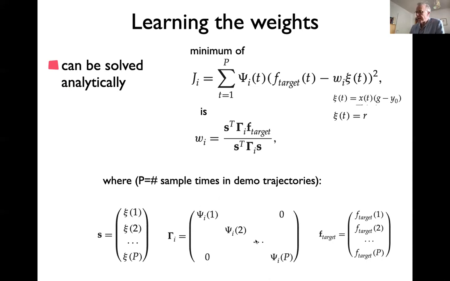So if you figure that out, the gamma matrix just takes these psi functions at particular points in time, and this is just the different target function at different points in time. This is this prefactor at different points in time, and if you combine all these together, you get the weights. Now that's how that's done.